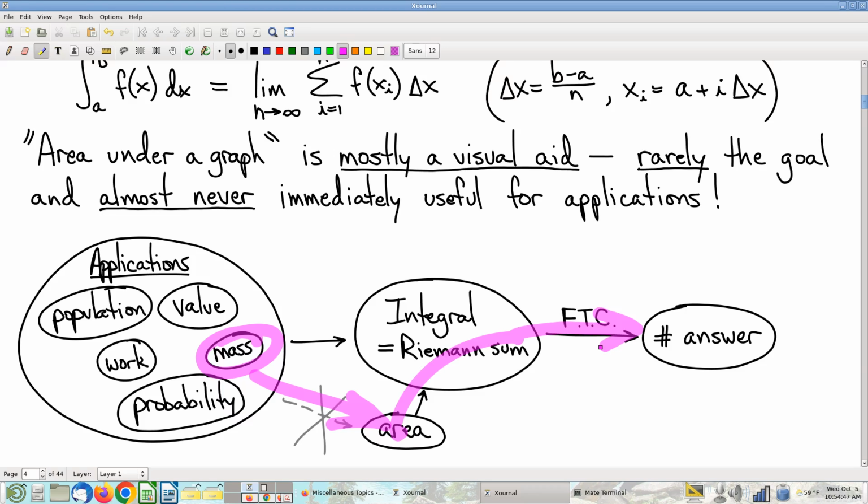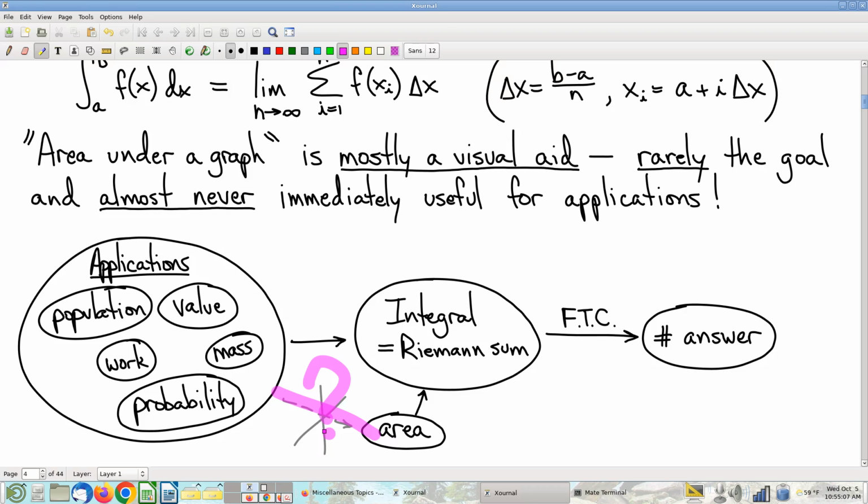This is how it gets presented in a lot of high schools. And I claim that doesn't make any sense at all. As an argument, how exactly can I confidently interpret a mass as an area? Those are different things.